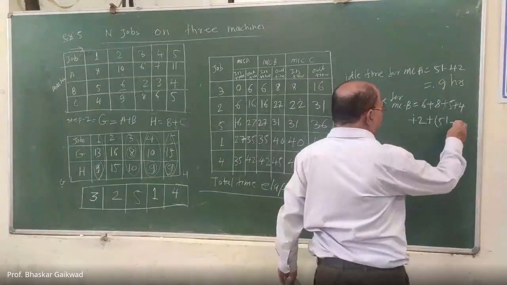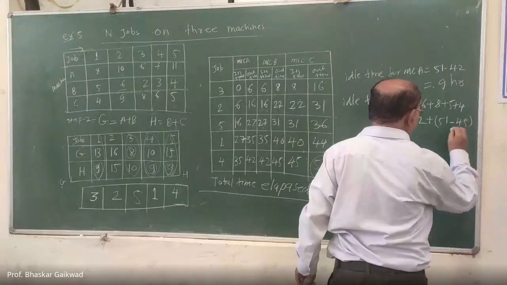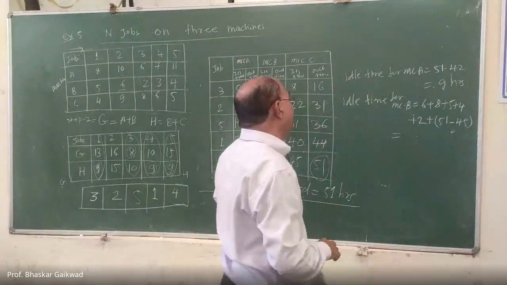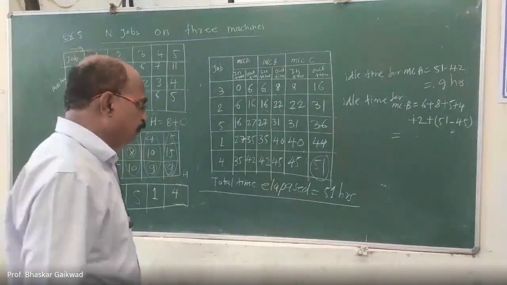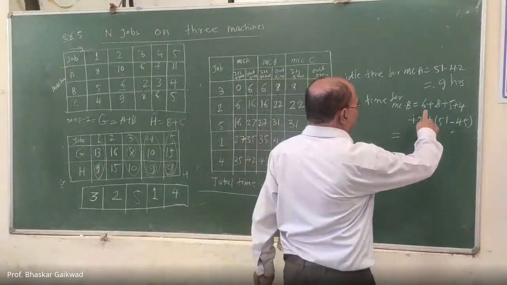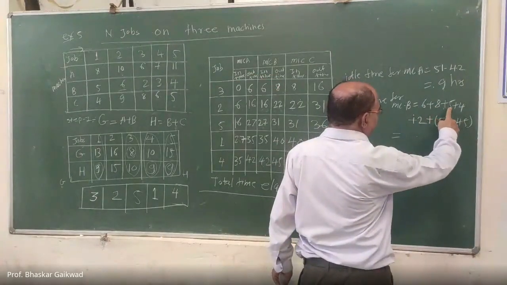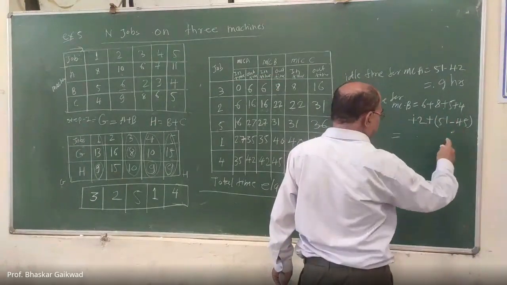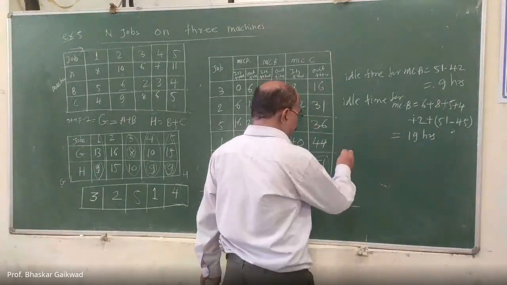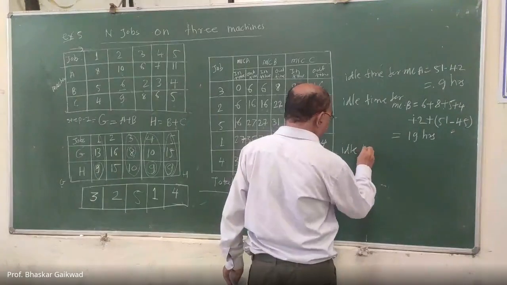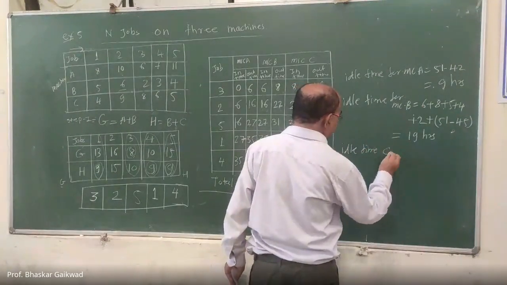So 51 minus 45, this is a 6. So total idle times for B machine: 6 plus 8 plus 5 plus 4 plus 2 plus 6. Total 19 hours.